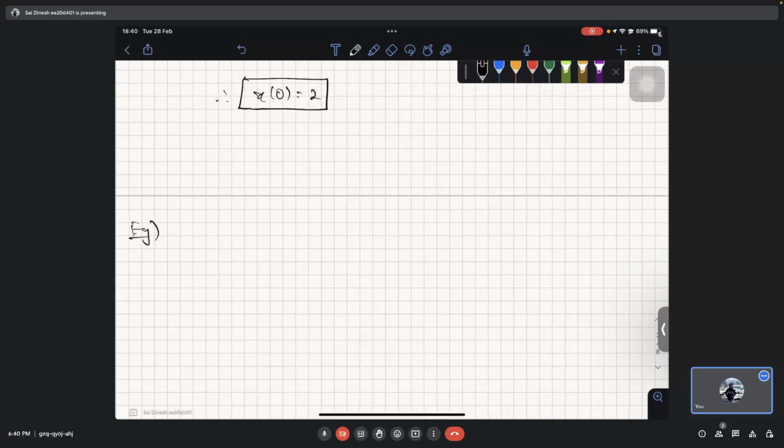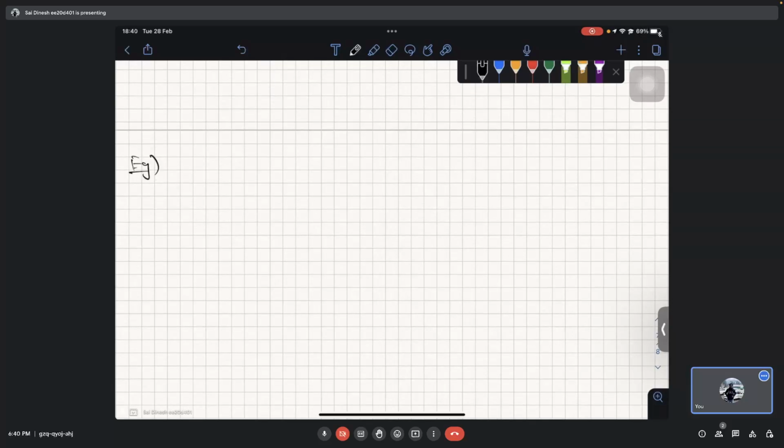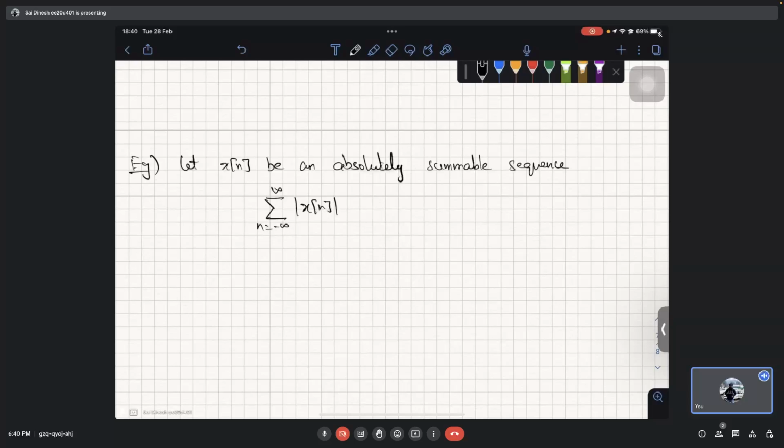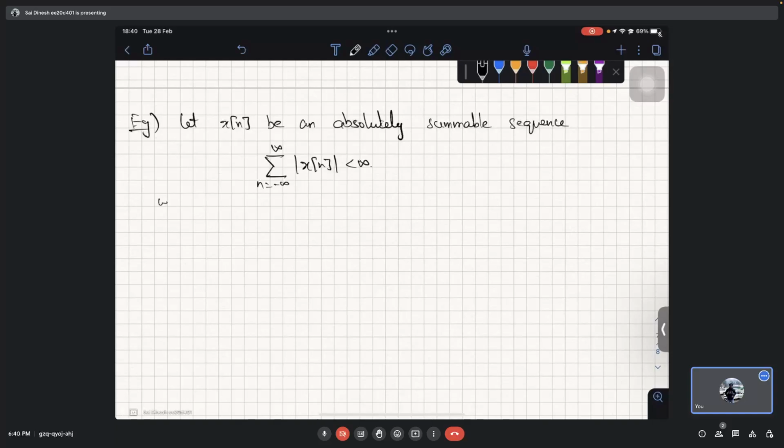So let's say we have, let x of n be an absolutely summable sequence, summation n equal to minus infinity to infinity of mod of x of n less than infinity, with a rational z transform.